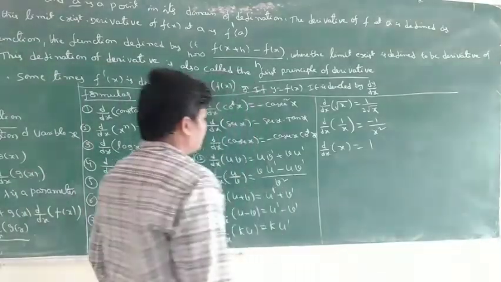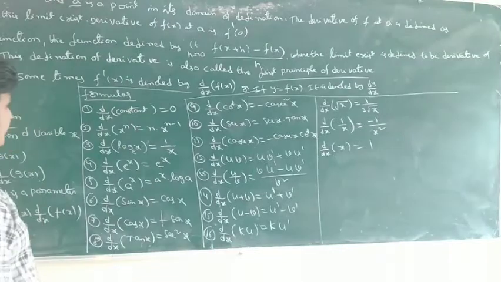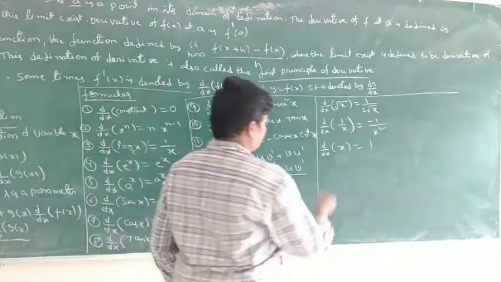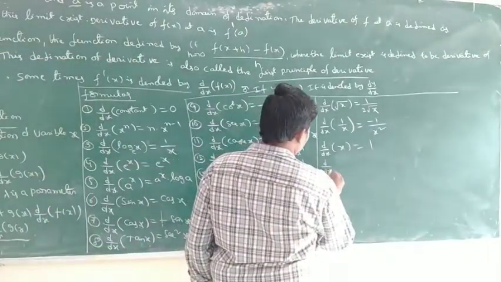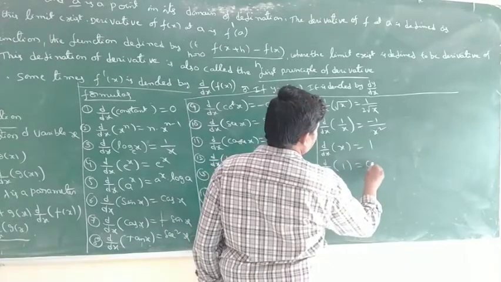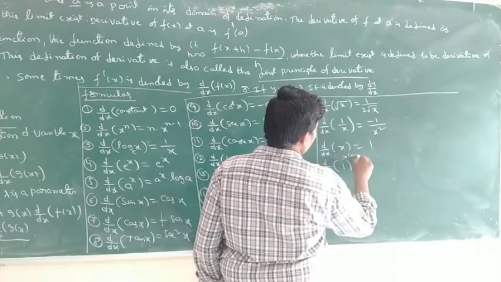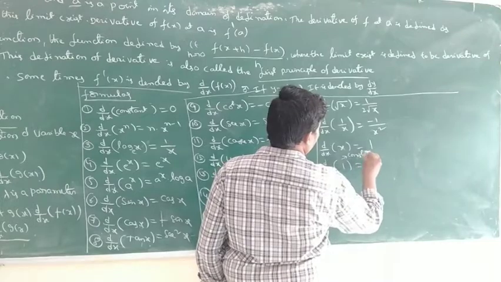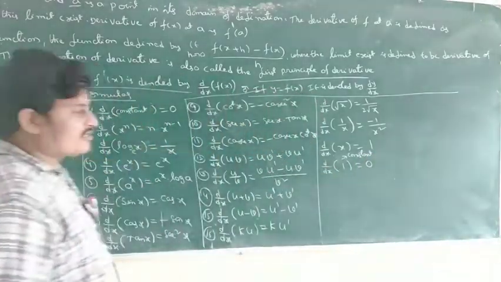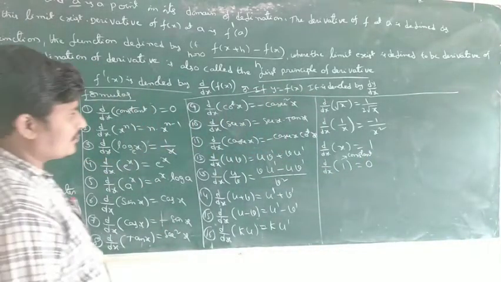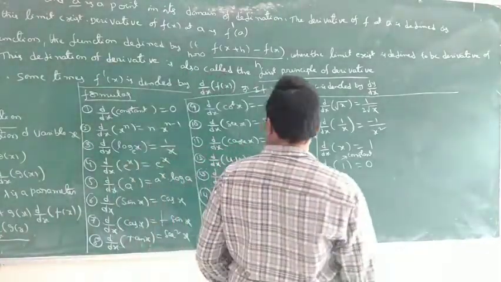Root x, 1 by x, x power n. d by dx of 1 is constant. d by dx of constant is equal to 0, derivative of constant.